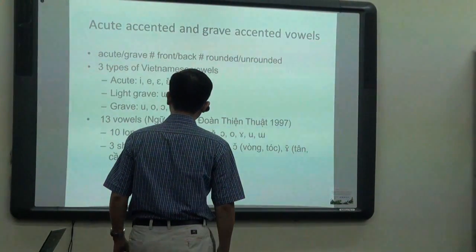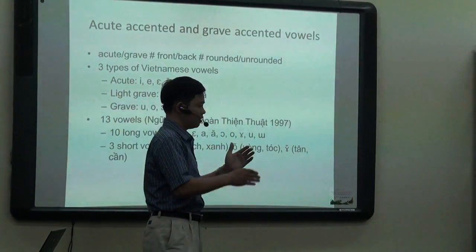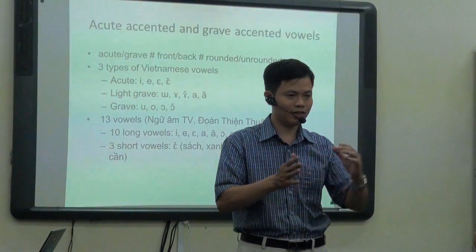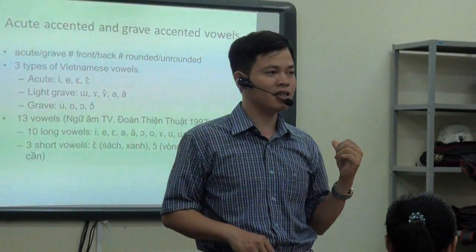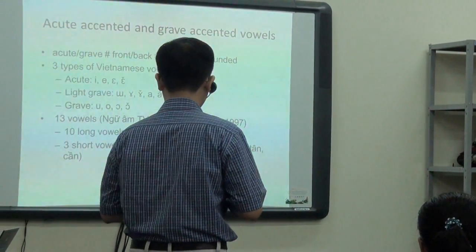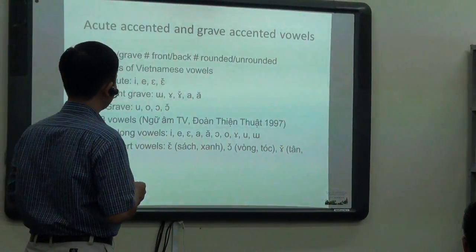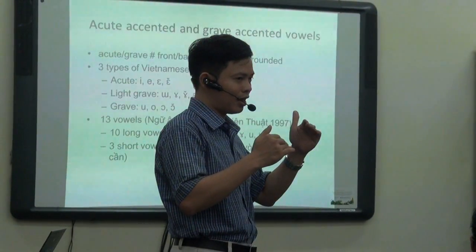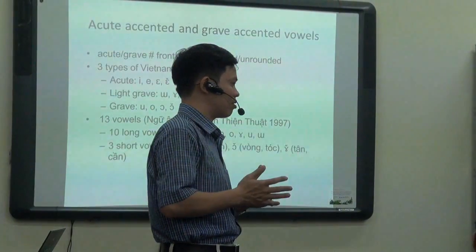Now, there are also vowels that lie at the border between grave vowels and acute vowels, as you see on the screen. These are vowels that are not quite acute and not quite grave.